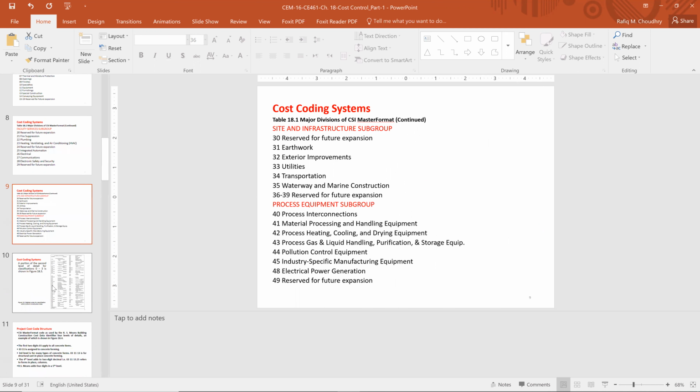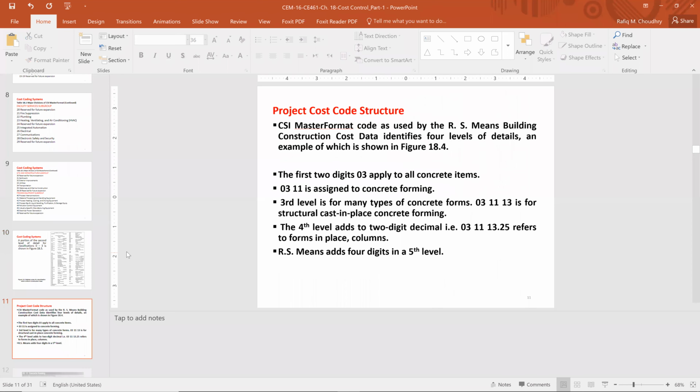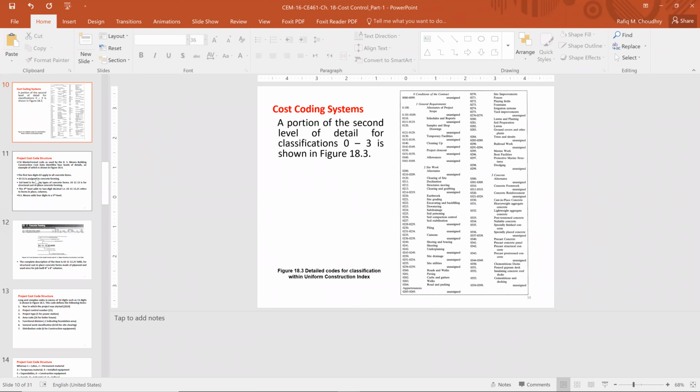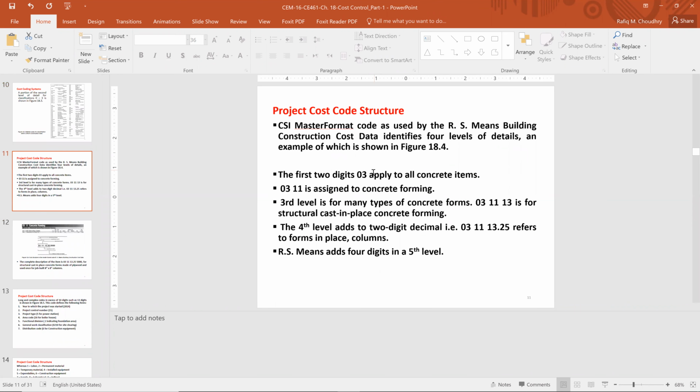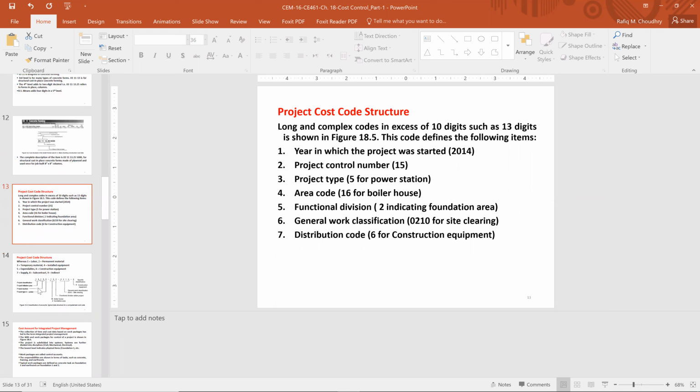Then we divided into a second level, and we put only 0 to 3 as examples. Then we have the project cost code structure.